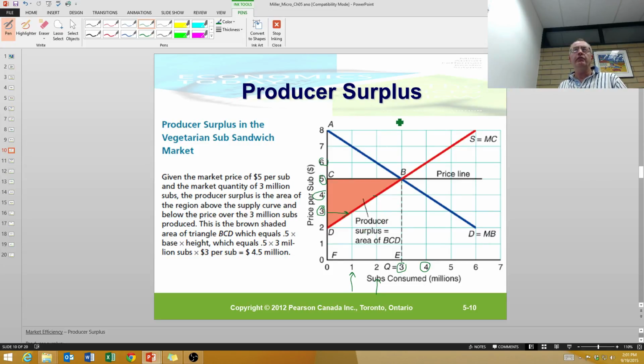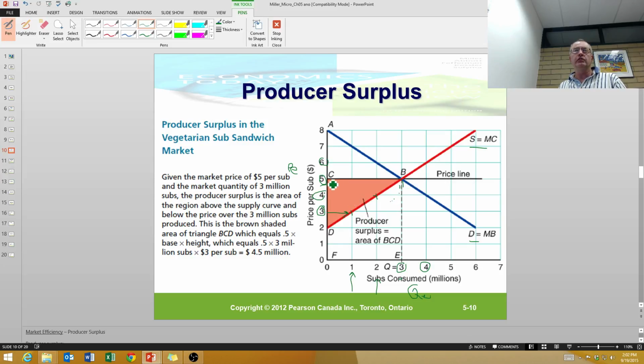So in our market, if equilibrium prevails and price and quantity are set by market forces, the interaction of supply and demand, then equilibrium quantity is going to be 3 units, equilibrium price is going to be $5, and the vendor is going to receive $5 per unit for every unit that gets sold, as opposed to $3 for this unit, $4 for that unit, and $5 for the third unit.